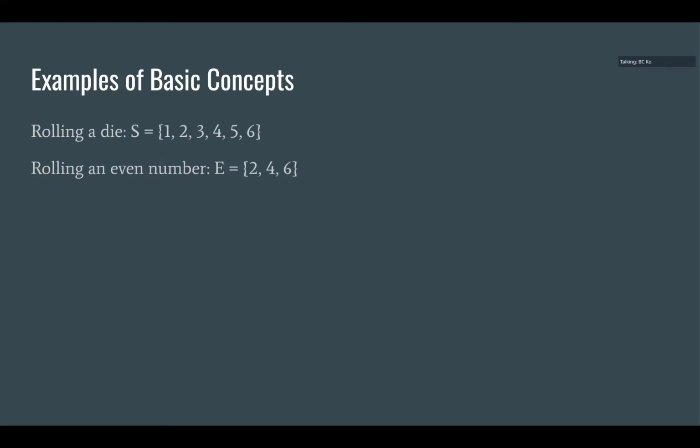And if we are interested in the event of rolling an even number, the event E would consist of the outcomes 2, 4, 6. And this simple example helps us understand how sample spaces and events are defined in probability.